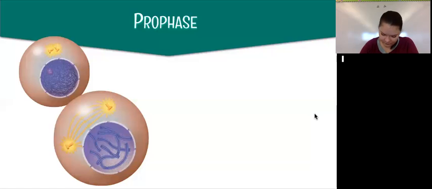So during prophase, we have the centrioles. Those are the little dudes that look like stars on your screen, like the yellow ones. And so this pair of centrioles are starting to make proteins.